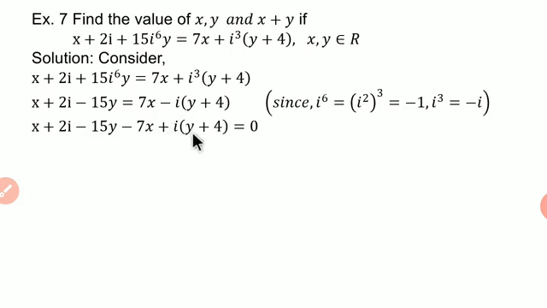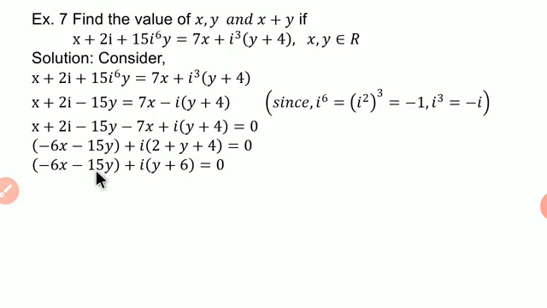I take all the terms in the LHS. Now x minus 7x is minus 6x minus 15y. This is the real part. Taking i as a common term from the imaginary part, we get 2 plus y plus 4 into i is equal to 0. Simplifying, we get minus 6x minus 15y plus i into y plus 6 is equal to 0.